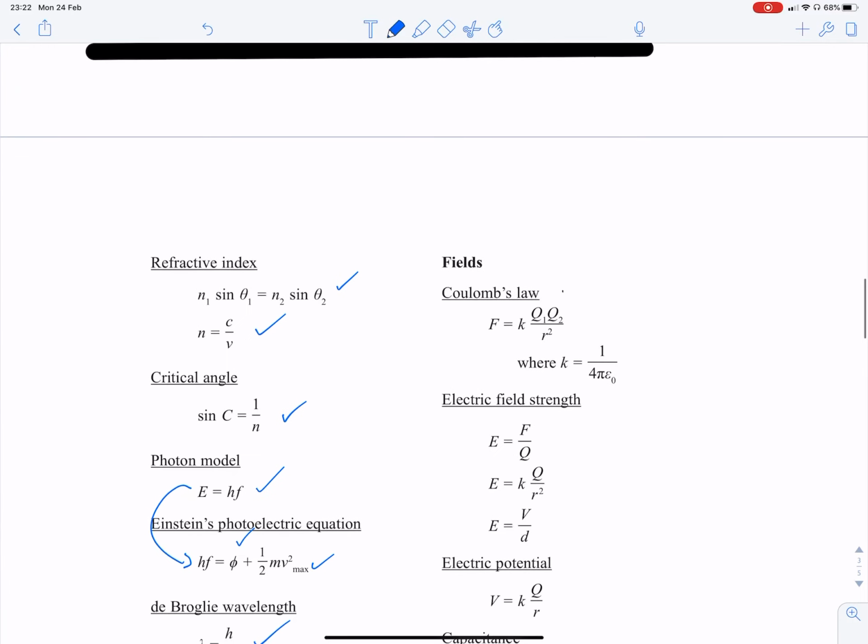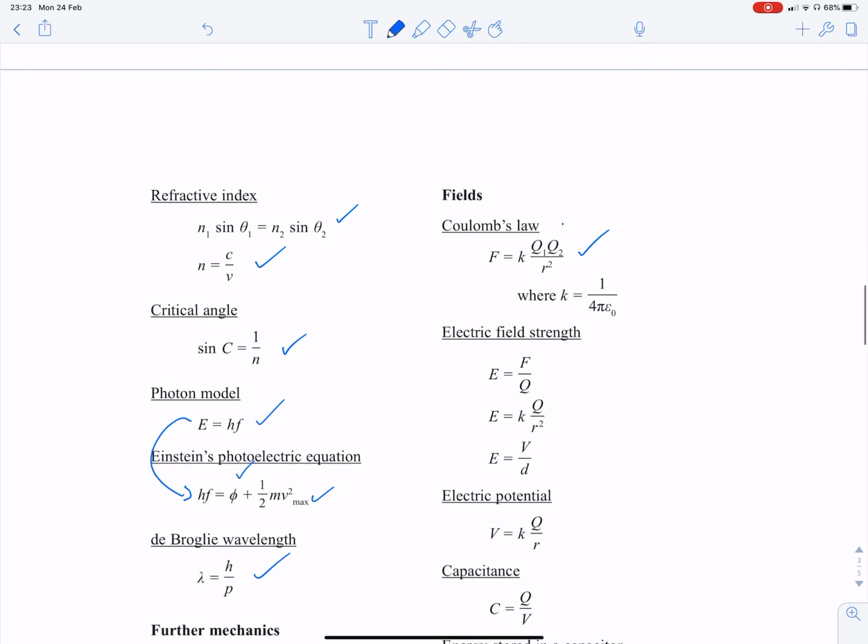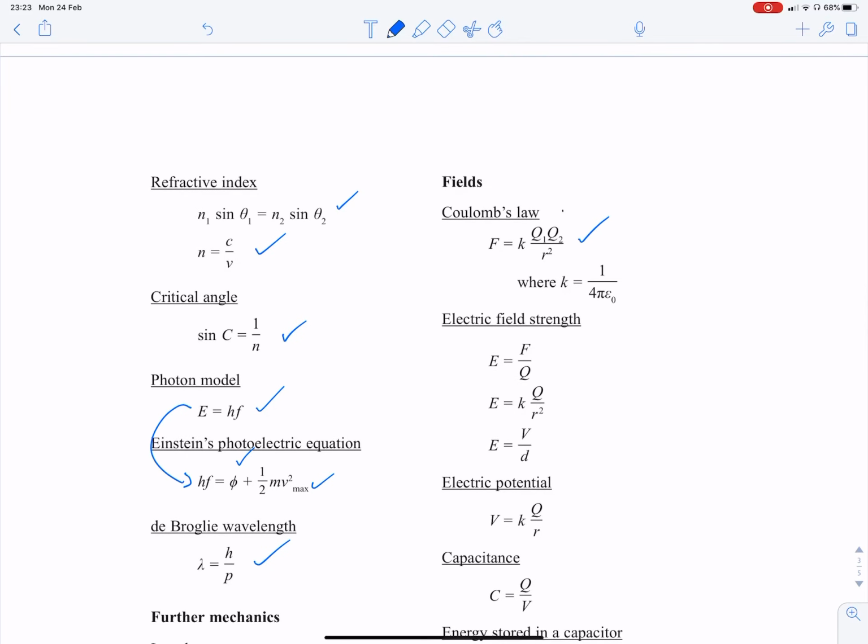Moving on to fields, Coulomb's law. The force between two charges, Q1 and Q2, is F equals k Q1 Q2 divided by the distance between them squared, where k is 1 over 4 pi epsilon sub 0.